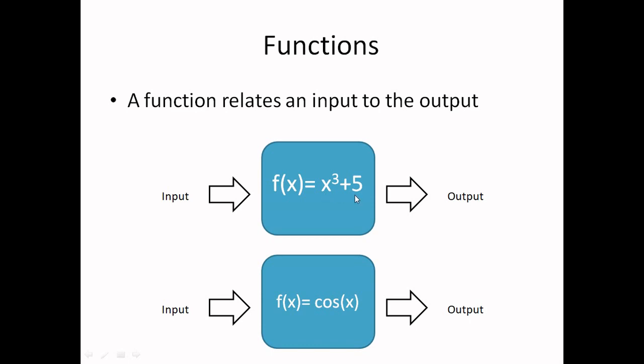Whenever I give an input to this box, some values of x, based on those values of x, f of x will compute the output. Let's say I give as input x equal to 1 to this function. It will compute 1 cubed plus 5 and result in 6.